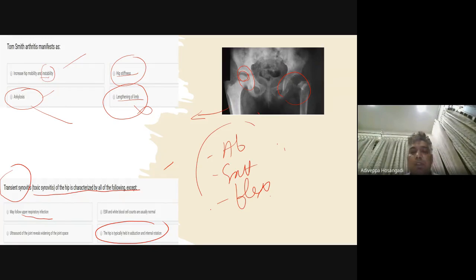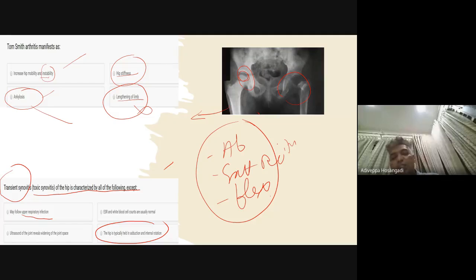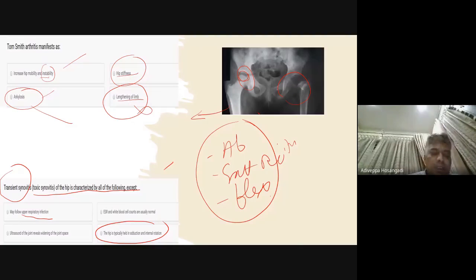I think you must be knowing this. This is the position of the limb where you get maximum volume for the hip joint, for any synovitis, whether it is transient synovitis or synovitis of any cause. So hip is typically held in adduction and internal rotation is wrong.